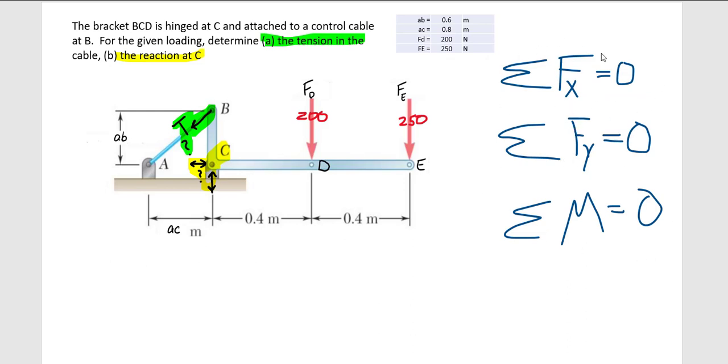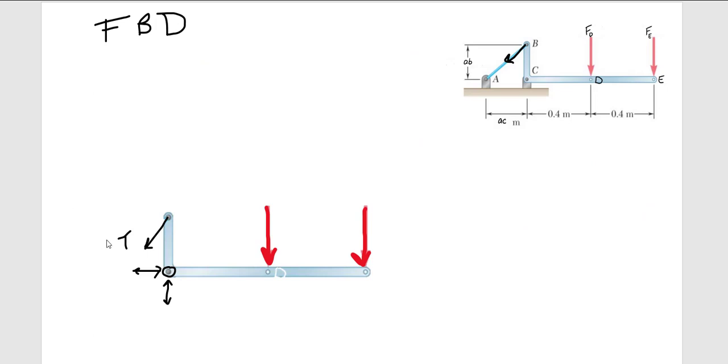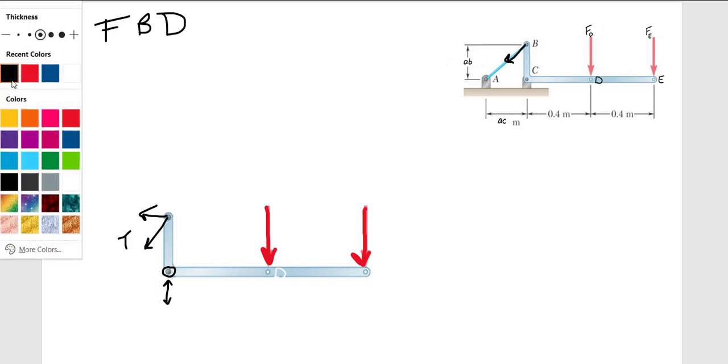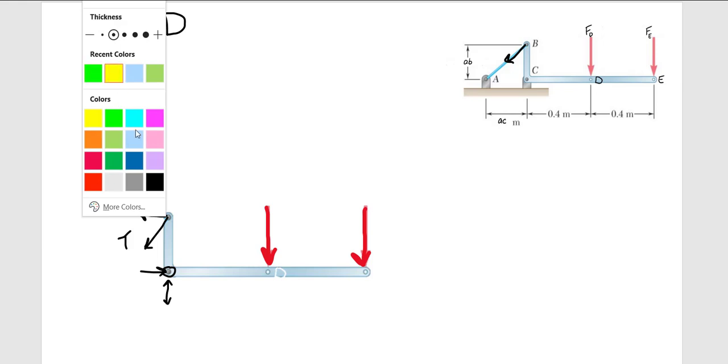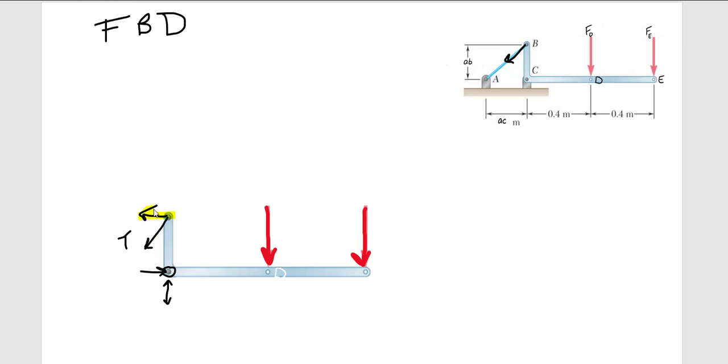So if I consider what's happening in the x direction here, that tension is pulling to the left, right? So if the tension is pulling to the left, and I have to balance out those x forces, that means that the pin has to act to the right.